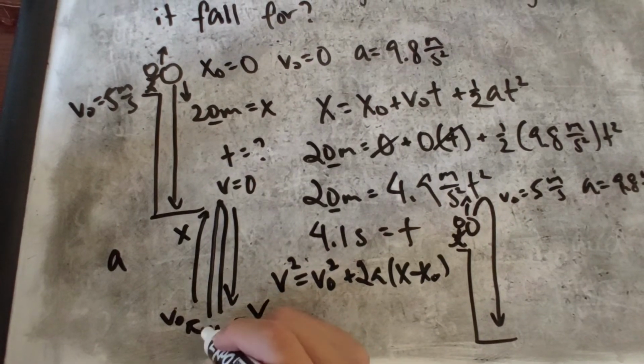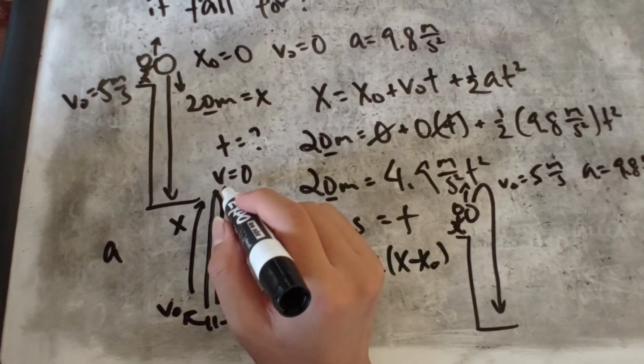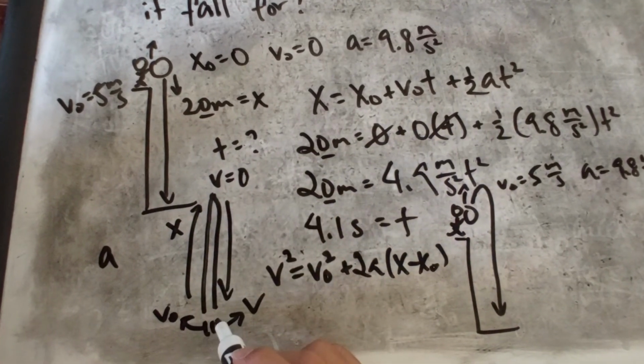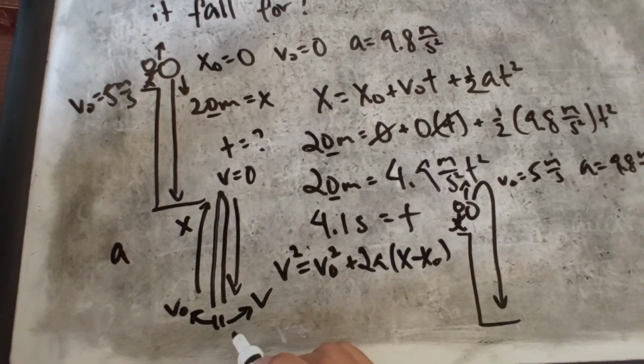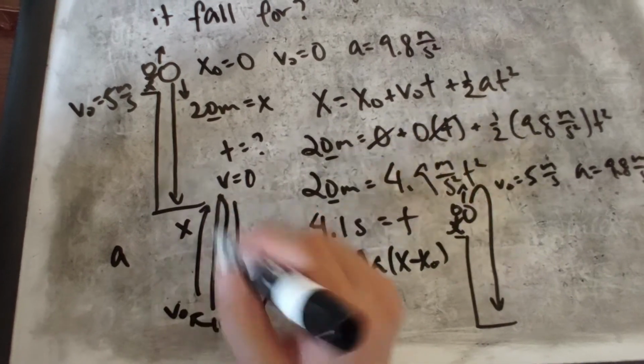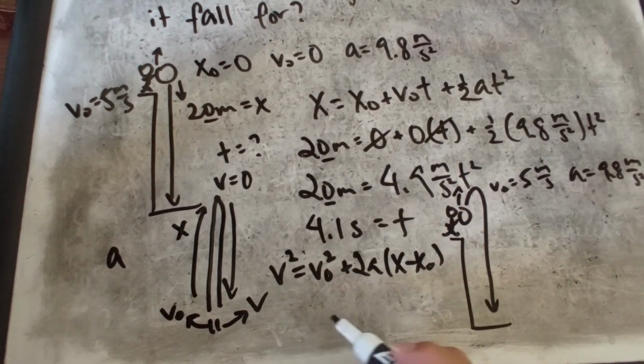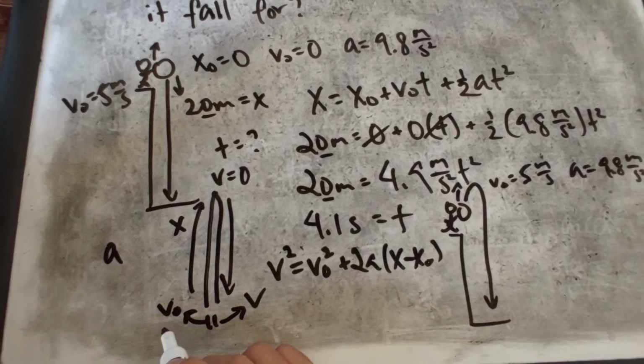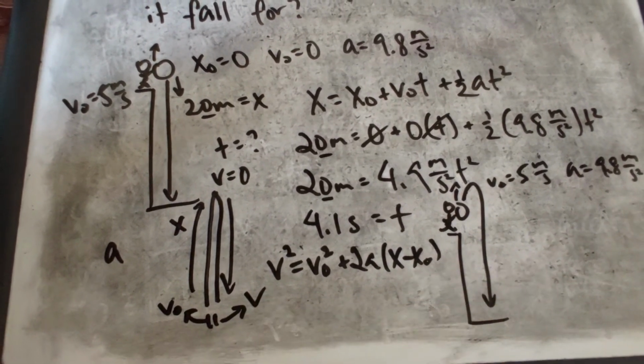Now, if you go from the bottom to the top, x is the distance traveled up. But if it goes down as well to the same spot, x equals 0, because that's the total displacement from beginning to end. And this kind of proves that the initial velocity is the same as the final one.